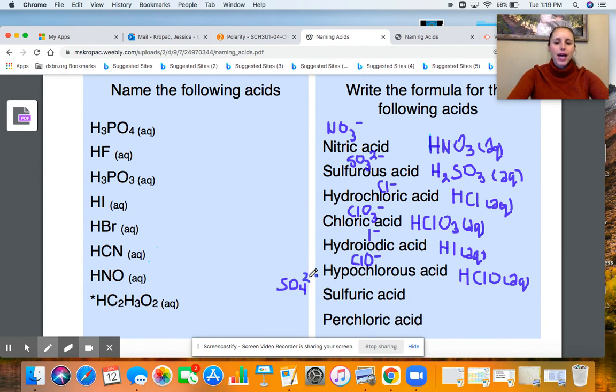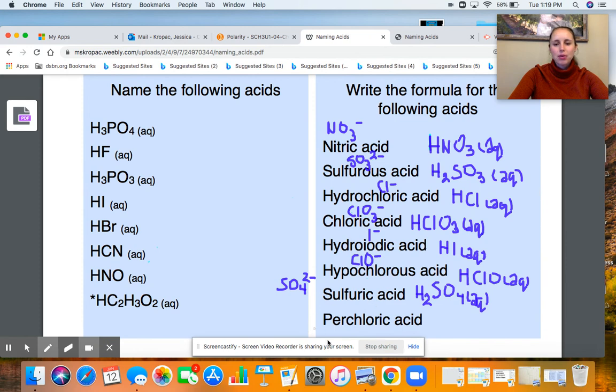So since we actually do have a charge, remember this charge is going to end up next to hydrogen. So when I write my hydrogen, I'm going to write a 2 next to it because sulfate has a charge of 2. I'm going to have SO4. And I'm going to have aqueous because that's always a state of my acid.